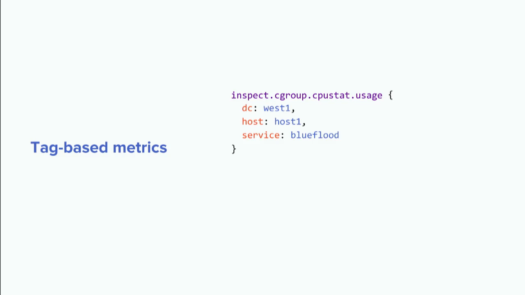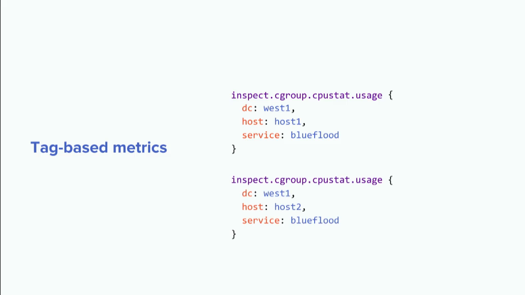So the same Inspect metric can be represented using tags by separating out the data center, host name, and service name into tags. And also, different time series with the same underlying measurement can be represented under the same name, just with different tags. So for example, if we measure the same metric on a different host, all that changes is the host tag. The structure of the tag form highlights all the ways in which the metrics are the same.